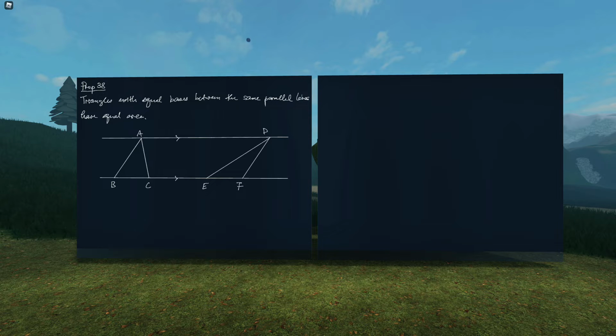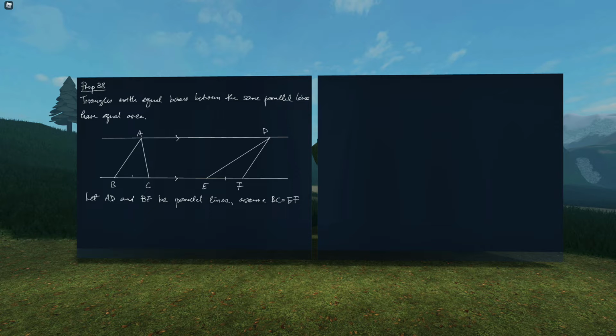So, let AD and BEF be parallel lines, and C and E be points on BF such that BC is equal to EF.